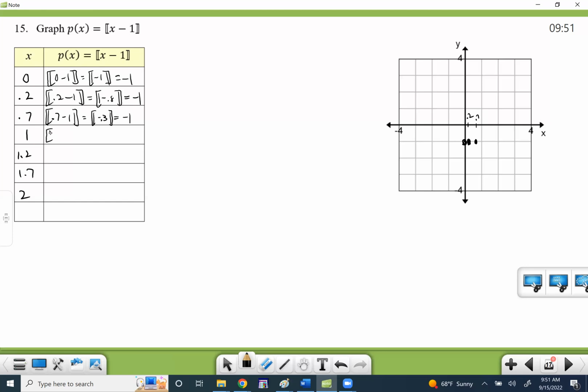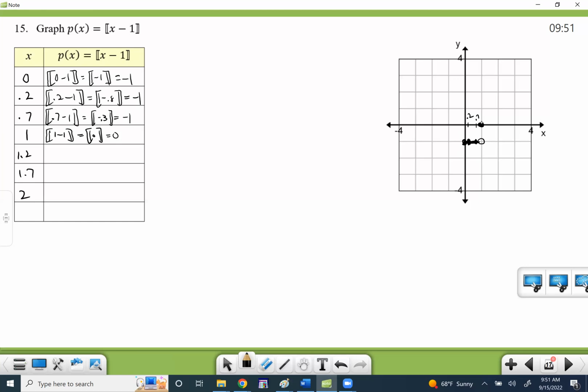Substitute in the 1. 1 take away 1, that's 0, right? Remember, all whole numbers stay where they are. So when you substitute in 1, you're at 0. So it turns out it's going to be like a horizontal line until I get here to 1. Then I'm going to hop up here to this dot we just made.